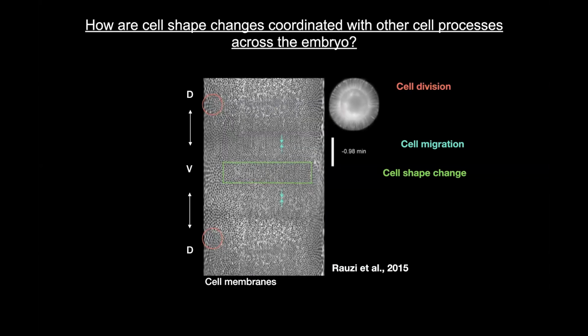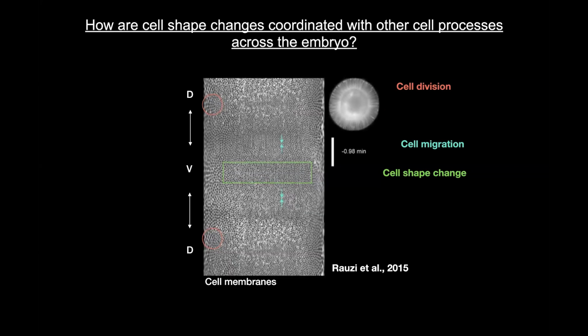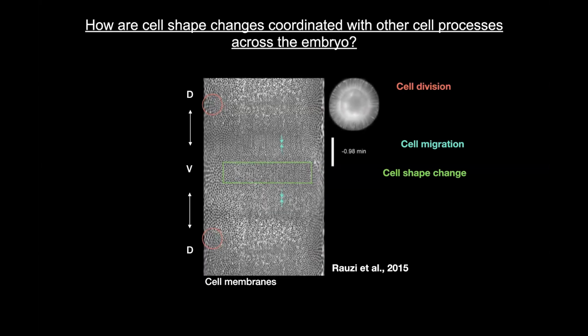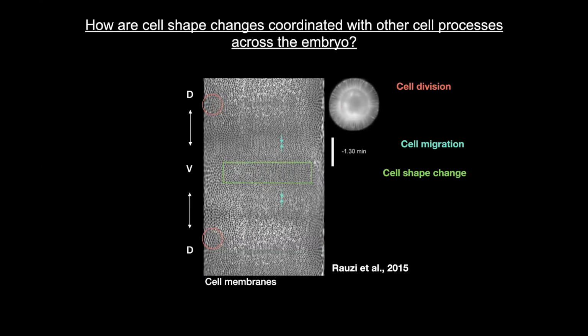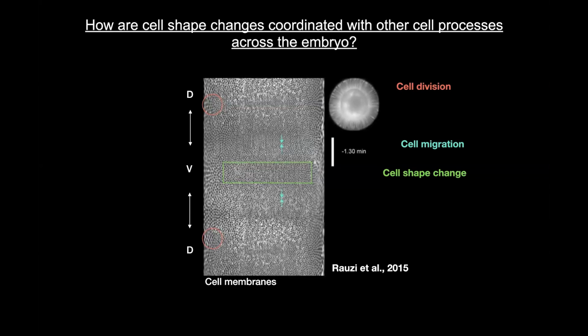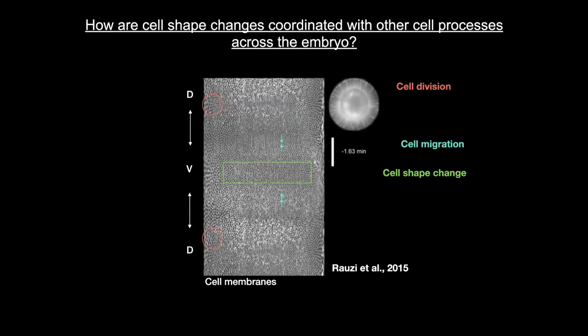That forms the epithelium. Even before the epithelium has finished forming, these gastrulation movements have started. So all these processes are happening bang, bang, bang, all together. We've been interested in it because we want to see how they're coordinated with each other.